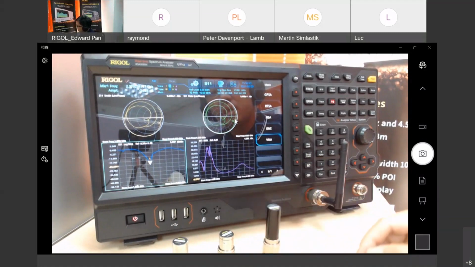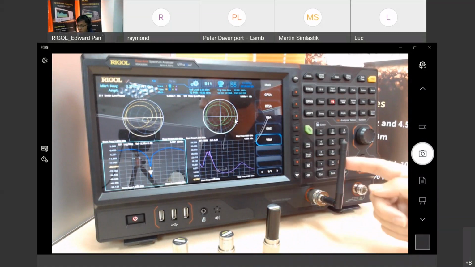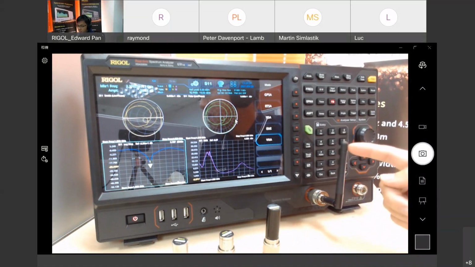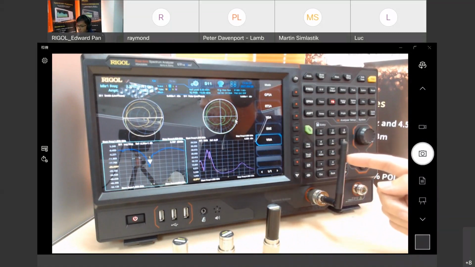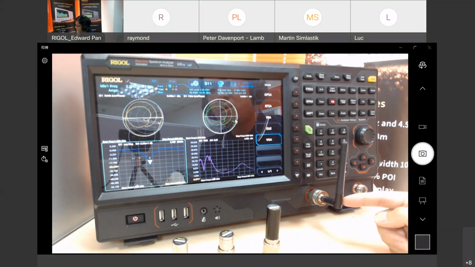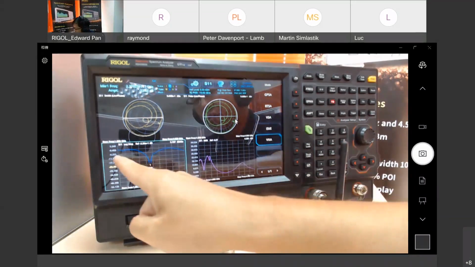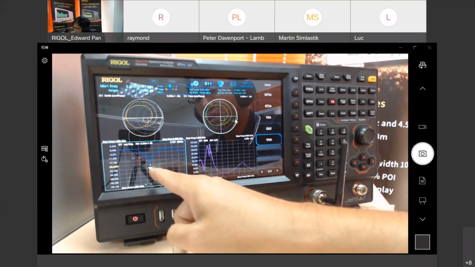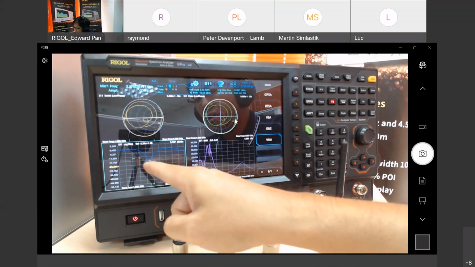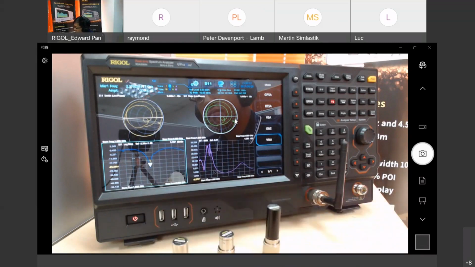Now, after the calibration, you can hook up this antenna here. This antenna I used is a 2.4 gigahertz Bluetooth antenna. You can see the S11 curve here. The resonance point is at 2.4 gigahertz, which is very accurate.